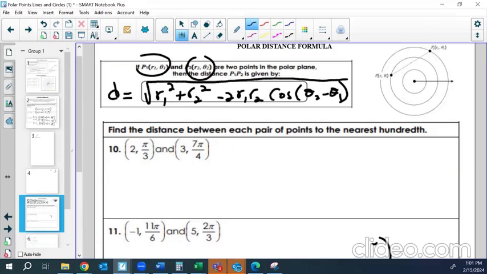That's the formula for the distance between 2 polar points.